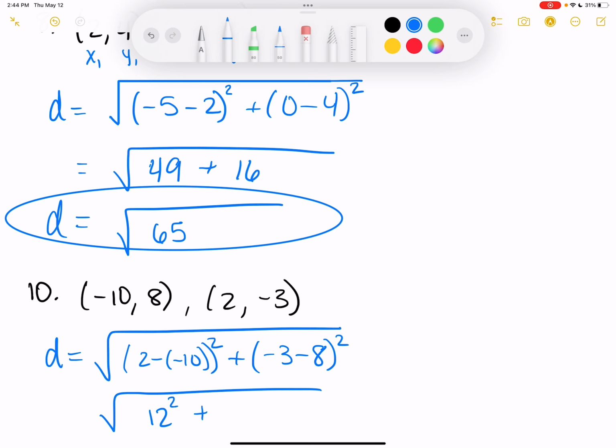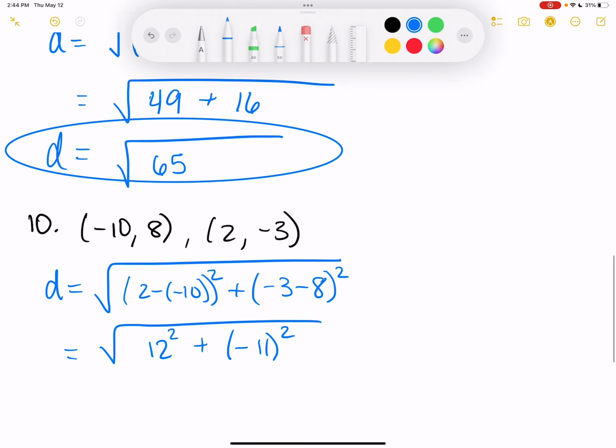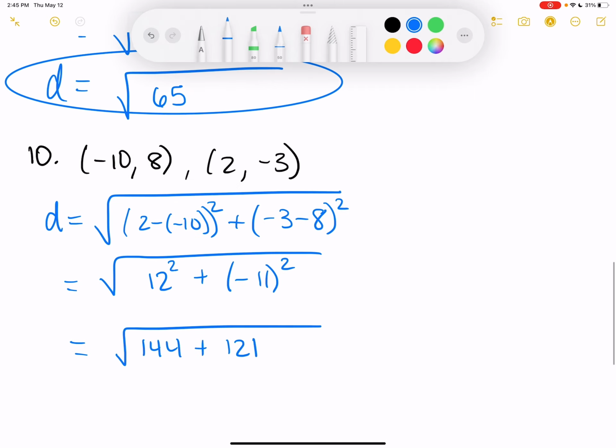That's negative 11 squared. 12 squared is 144, and 11 squared is 121. And so then this is the square root of 265.